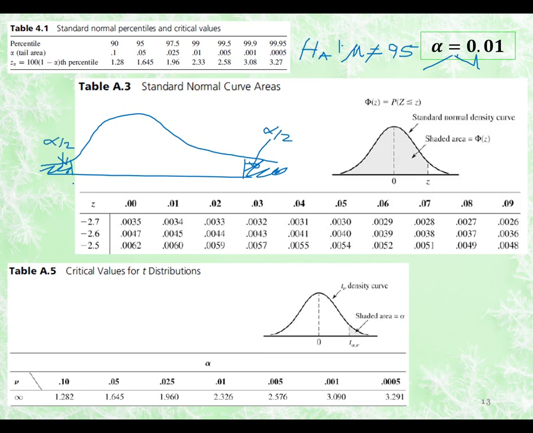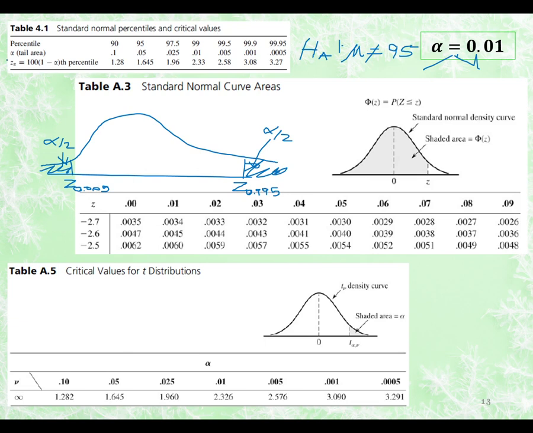So that means that my percentile here is actually going to be z of 0.005, and then this will be z technically of 0.995, so the 99.5th percentile.